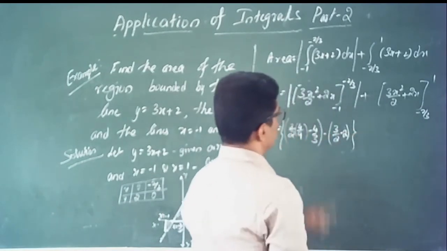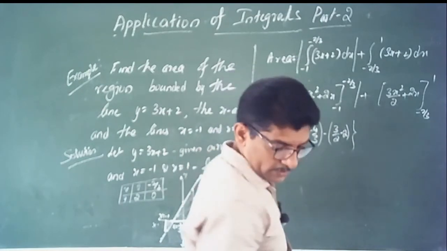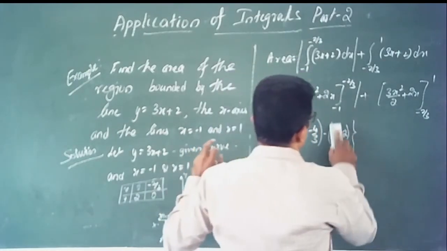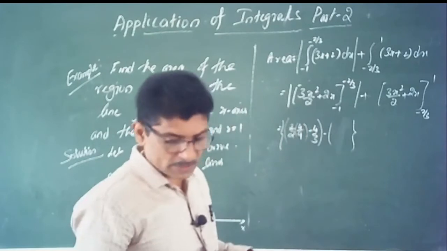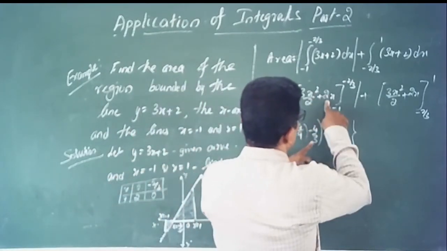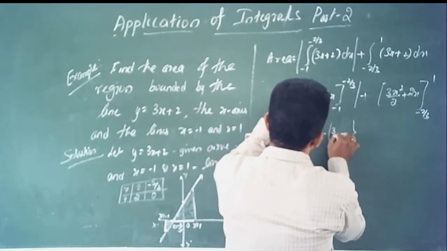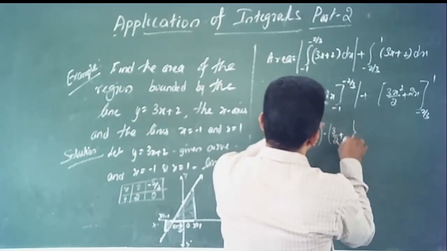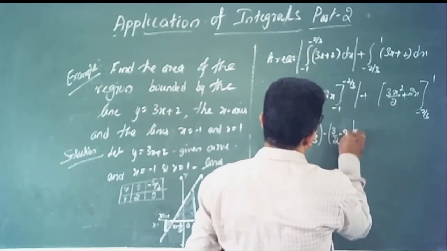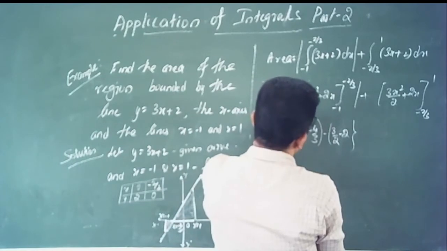Right? Carefully. Put x equal to minus 2 by 3, we get 3 by 2 into 4 by 9. Put x equal to minus 2 by 3, we get minus 4 by 3. Put x equal to 1, we get 3 by 2, plus, put x equal to minus 1, we get minus 2, right? Minus 1 squared is plus 1, so 3 by 2 remains.